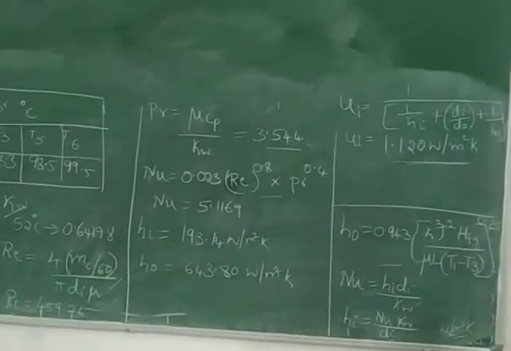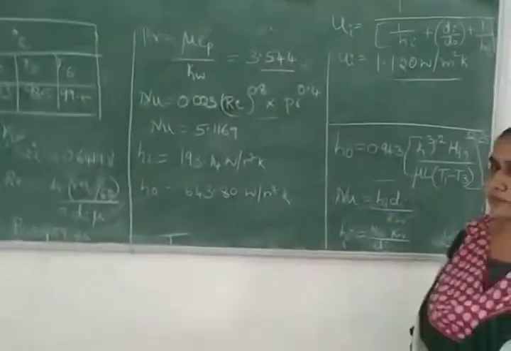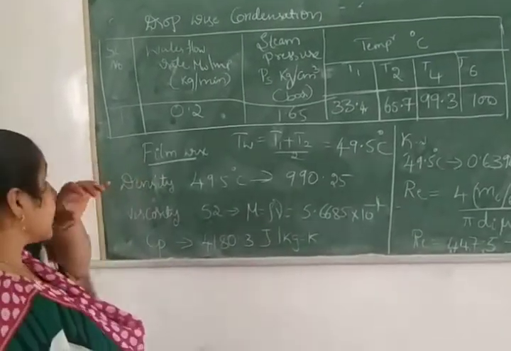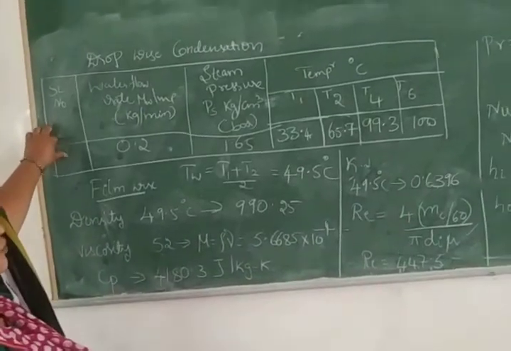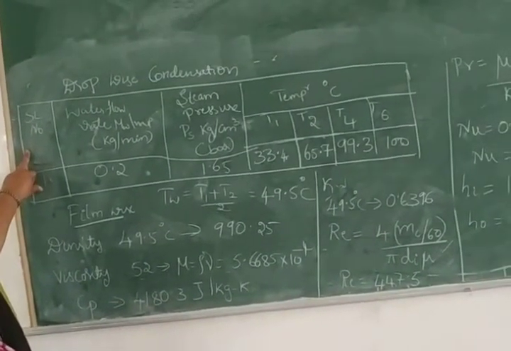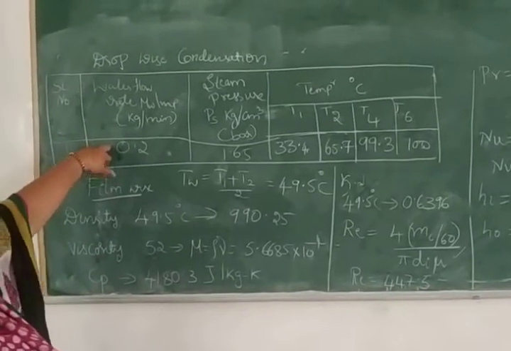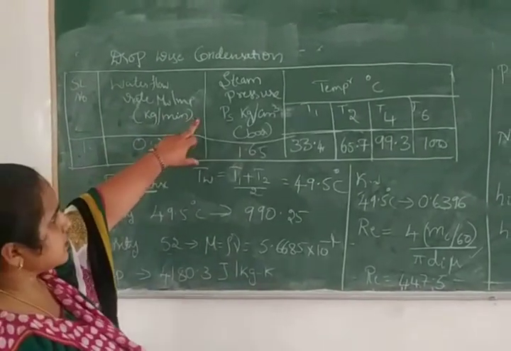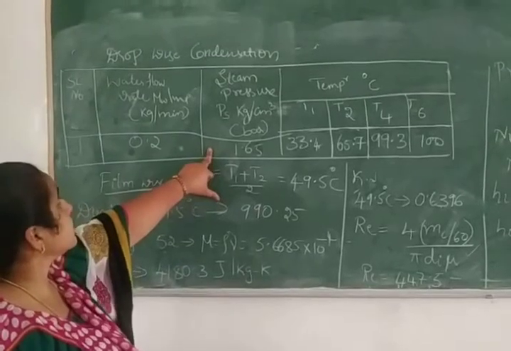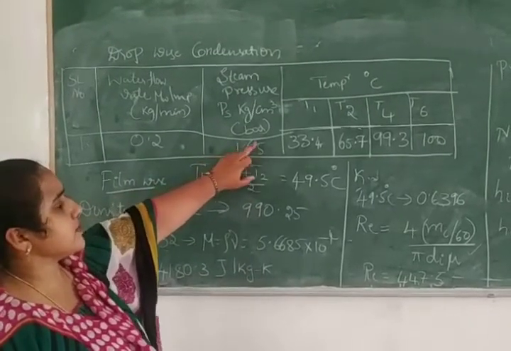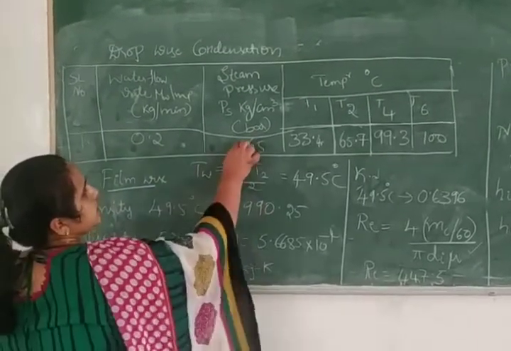Now we will move on to the dropwise condensation. This is the calculation for the dropwise condensation. The water flow rate is 0.2. Again, no changes with the steam pressure; when I did this dropwise, it was showing 1.65, so we take this as 1.65 bar.